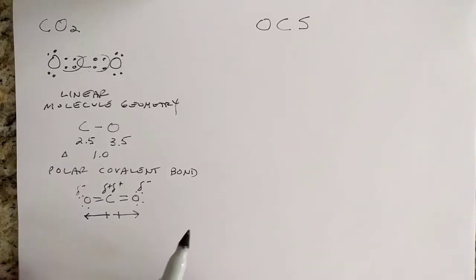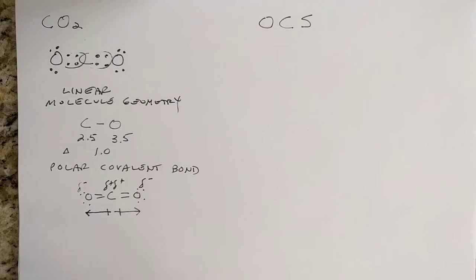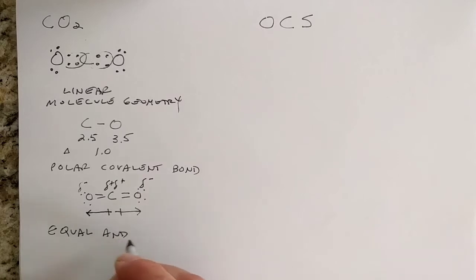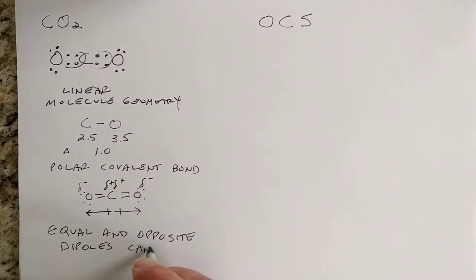So we have a dipole going that way. These two dipoles are exactly equal and opposite. So these dipoles cancel out. So our equal and opposite dipoles cancel out.